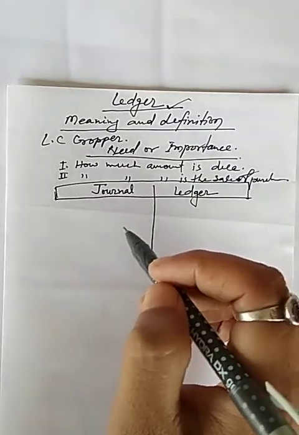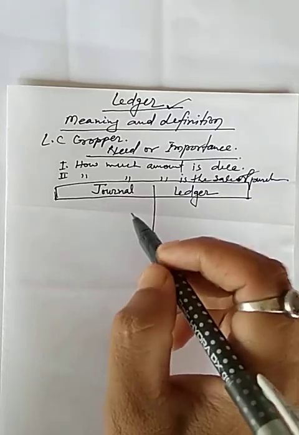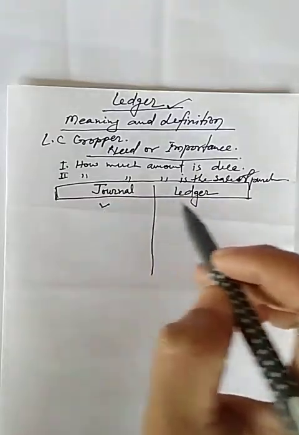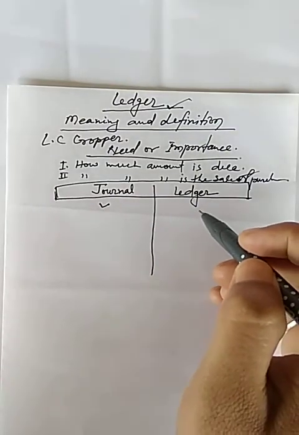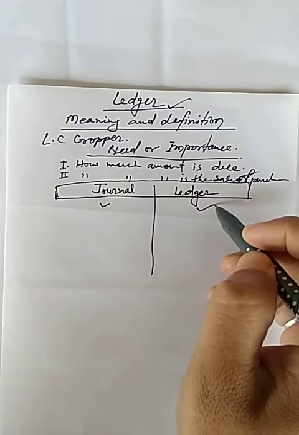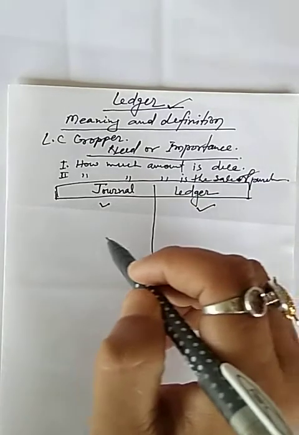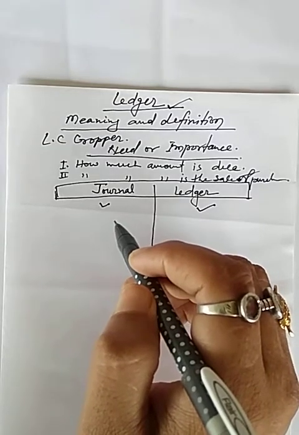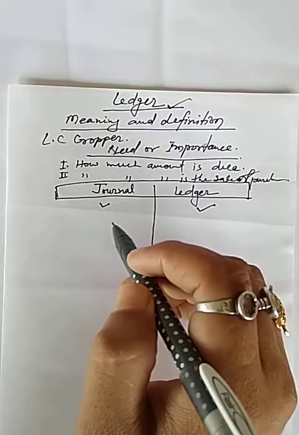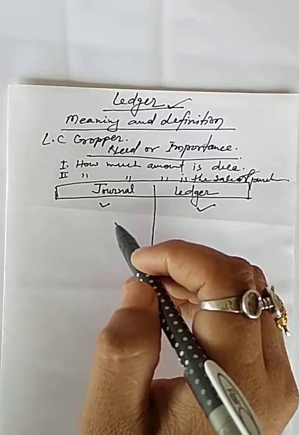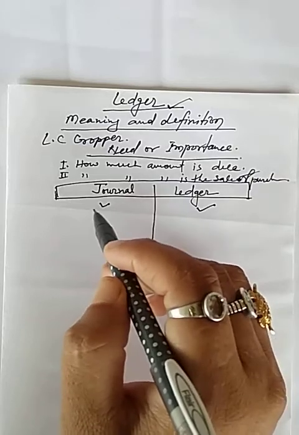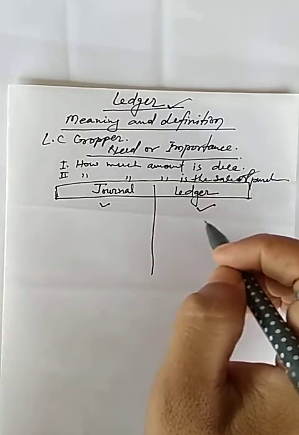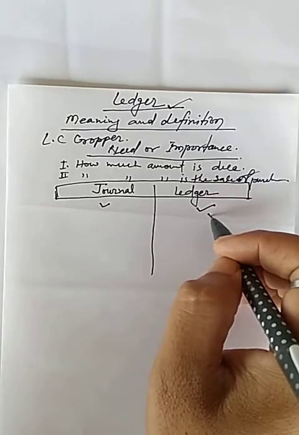Full detail of a transaction, the narration, is recorded in journal, but in ledger, full detail of transaction is not recorded. Final accounts, that is trading account, profit and loss account, and balance sheet cannot be prepared with the help of journal, but final accounts can be prepared with the help of ledger balances.